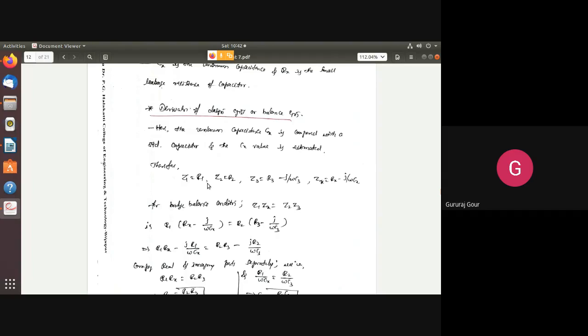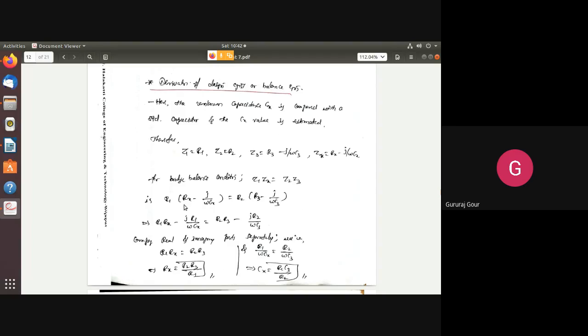We can substitute the values here. Z1 means R1, Zx means Rx minus j by omega Cx, substitute here. Z2 equal to R2 into bracket, Z3 means R3 minus j by omega C3. Now we can bring these terms outside the bracket.